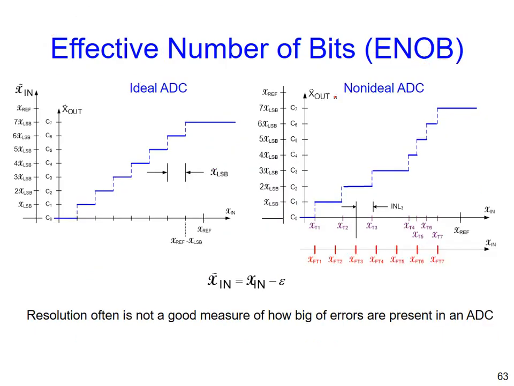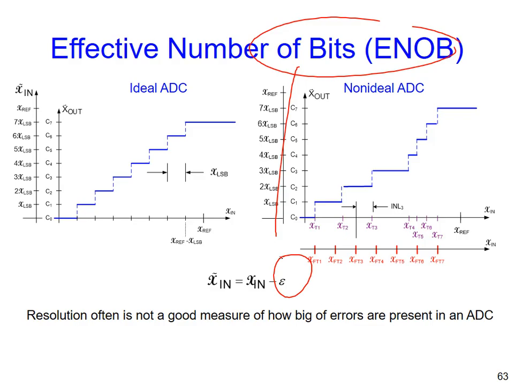All right. Anyway, you can see the effective number of bits, for example, should depend on the linearity error. The more linearity error, it means it has more nonlinearity, right?